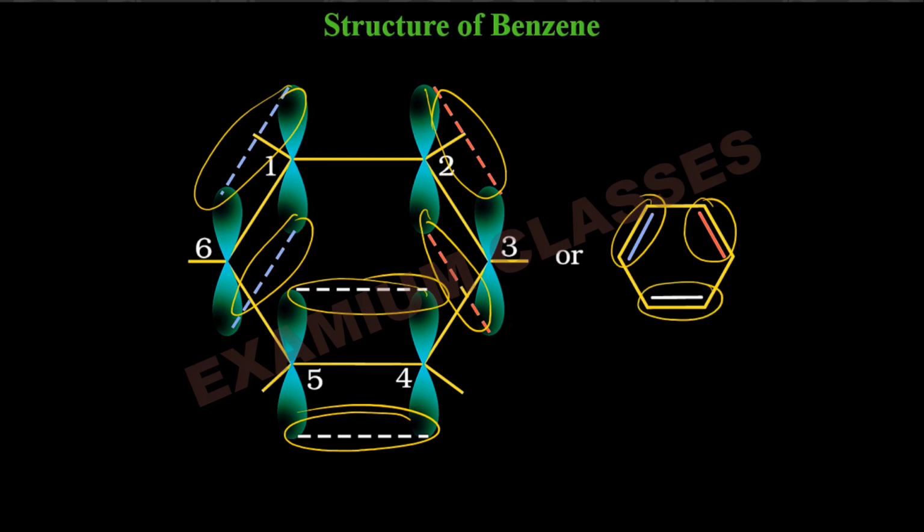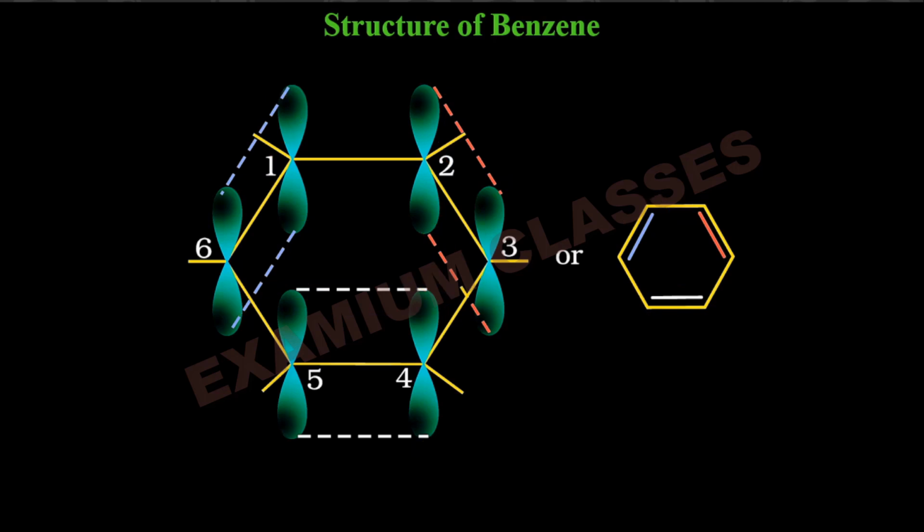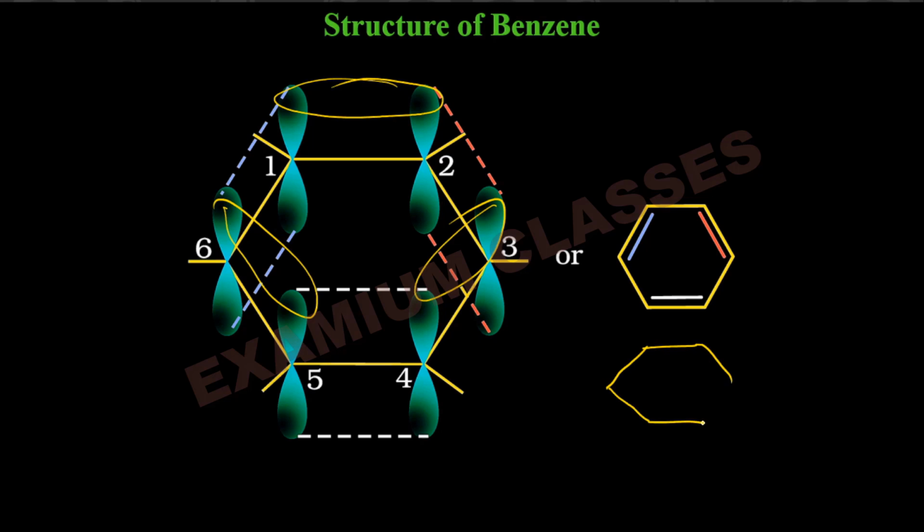Now because this is a symmetric molecule, the overlapping can be in these ones also. Instead of the one I have shown, overlapping can be here also. So in that case, the double bond will obviously be here, here, and here.